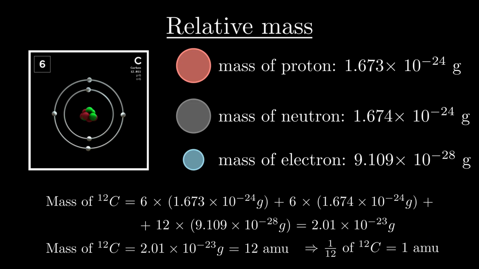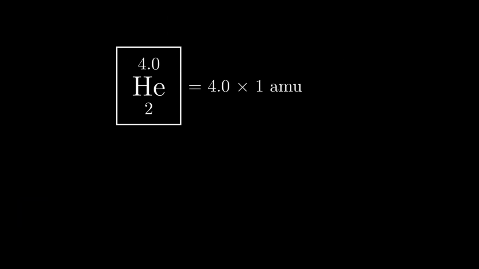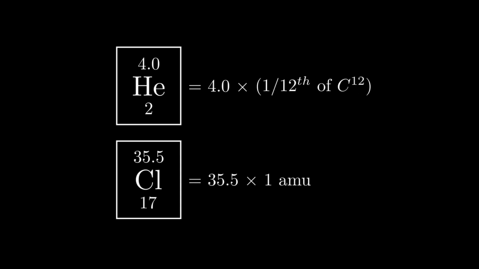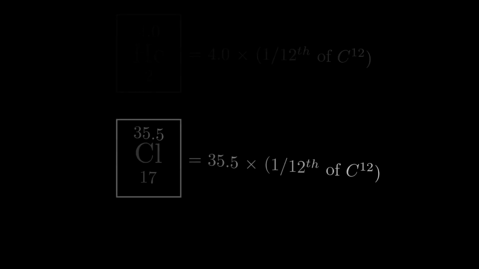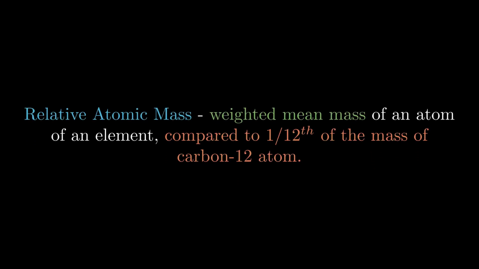It is the standard to which any element is compared. For example, helium has the same mass as 4 1/12ths of a carbon-12 atom, chlorine has the same mass as 35.5 1/12ths of a carbon-12 atom. And this is where this point comes from in the definition.